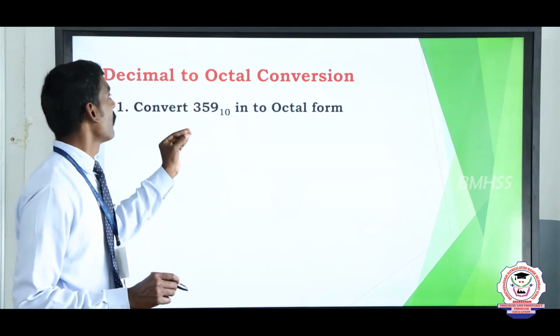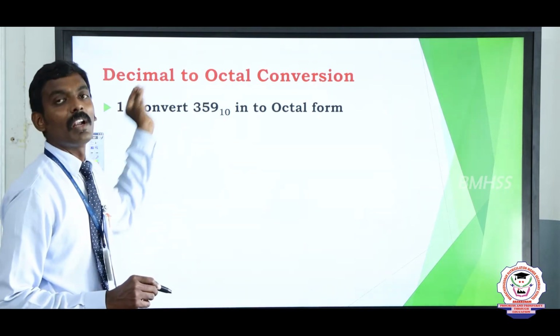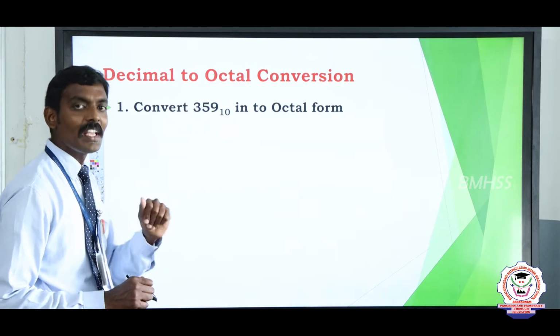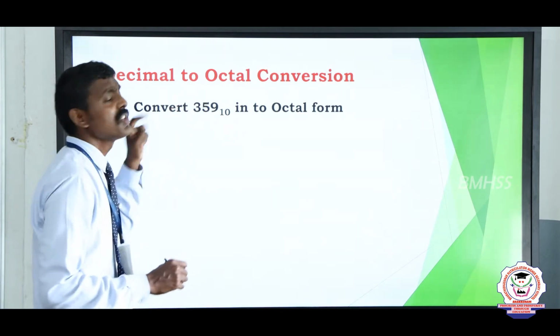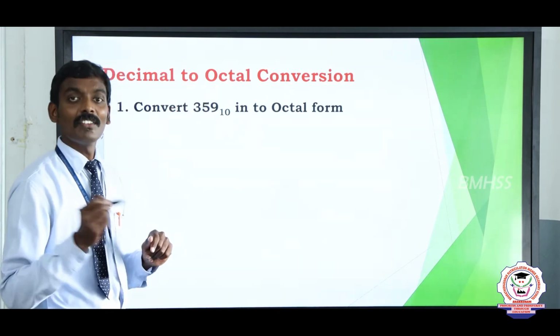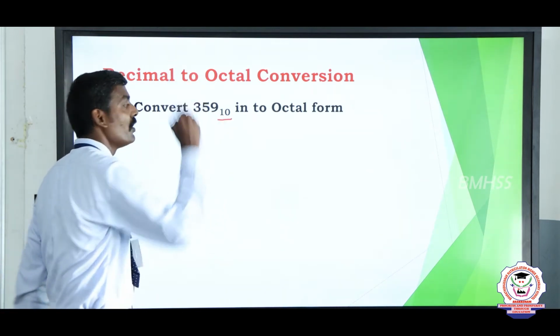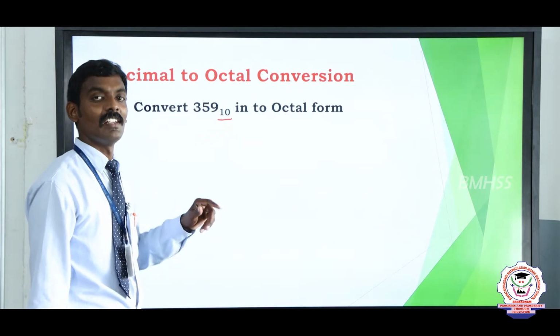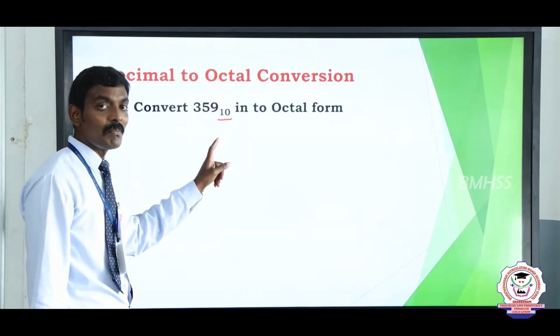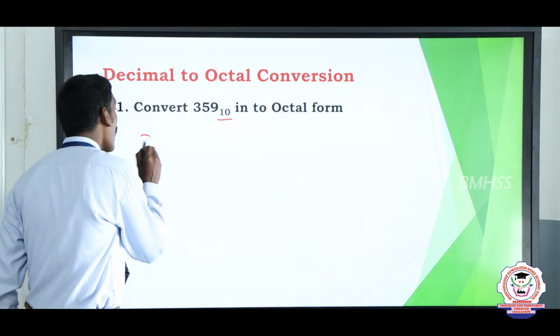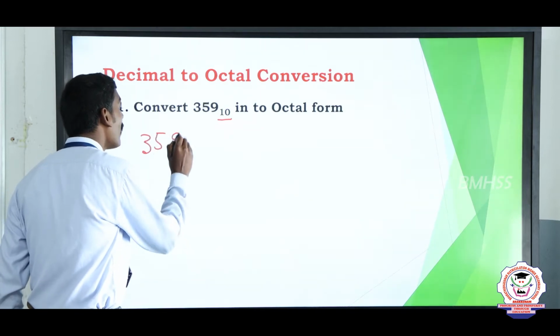One example problem: decimal to octal conversion. How can we identify that the given question is a decimal number? Yes students, very good, with the help of the base value. What is the base value here? 10. So the base value is 10, which means this 359 belongs to what type of number?